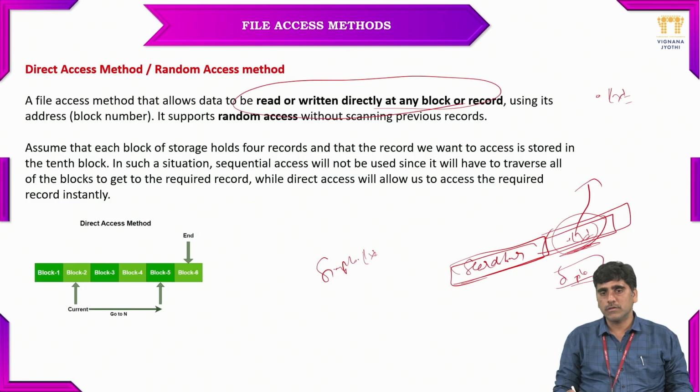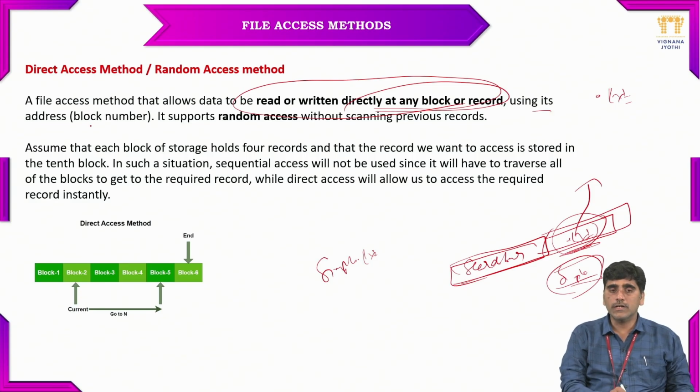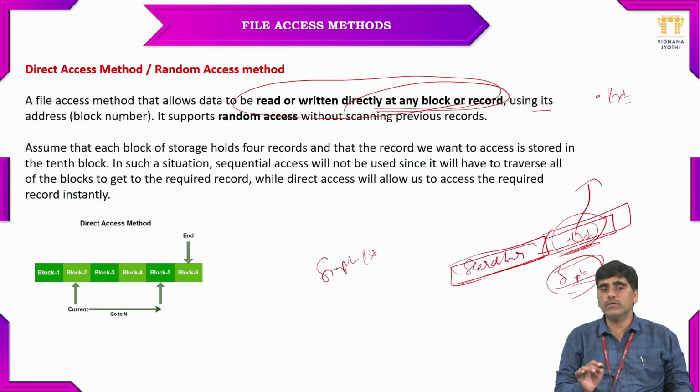All the files named with simple are displayed. That is what is meant by reading directly at any block or record. So we can access randomly or directly. Here you can see it uses the address or block number. Where it is stored, that address we can easily identify and display that particular file, so that the file can be accessed.